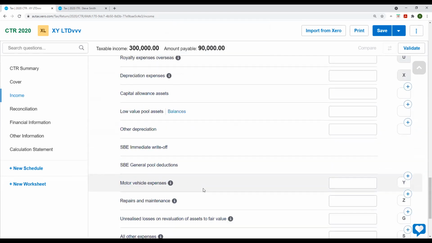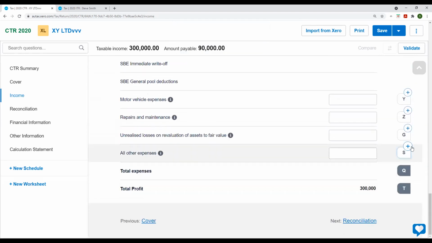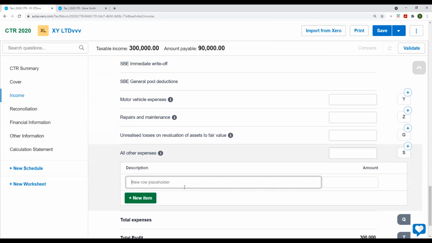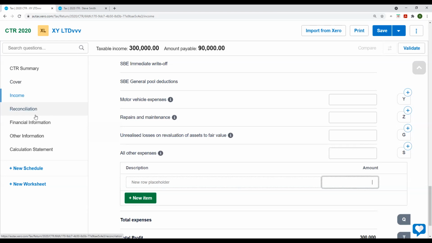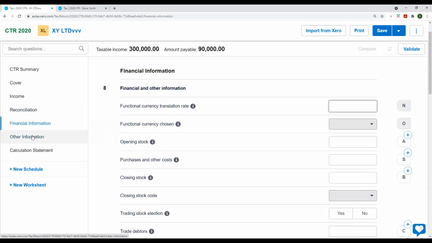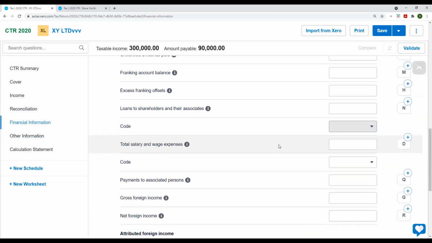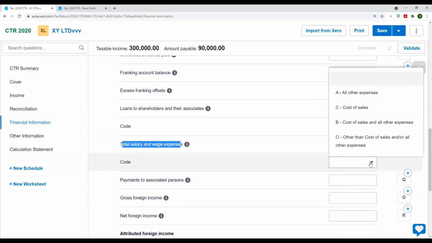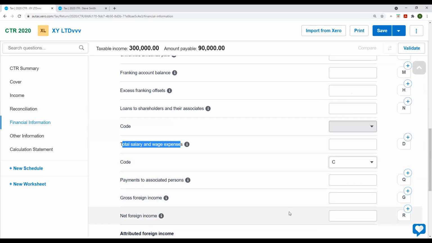Or you can go to other expenses at the bottom and write down the wages and salaries amount. But when you go to your financial information, you must say where you put it, under all other expenses or under the cost of sales.